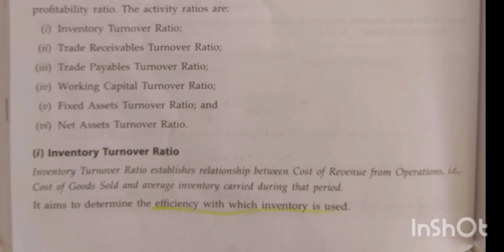Now the first type of ratio from activity ratios is inventory turnover ratio. So what exactly is our inventory turnover ratio? Let's see.